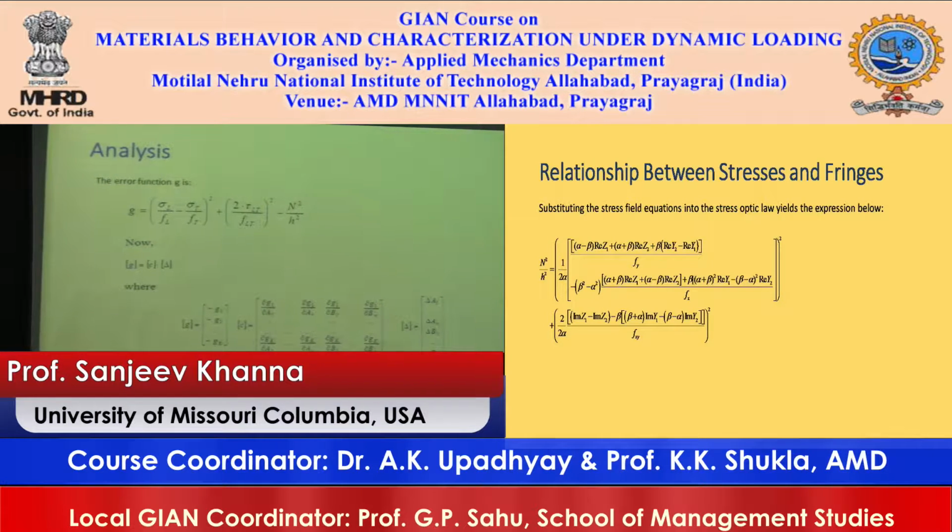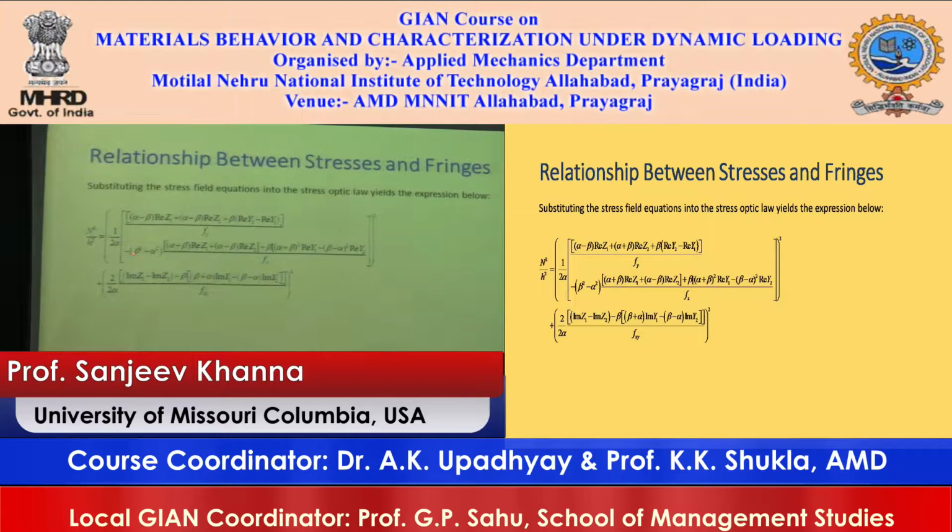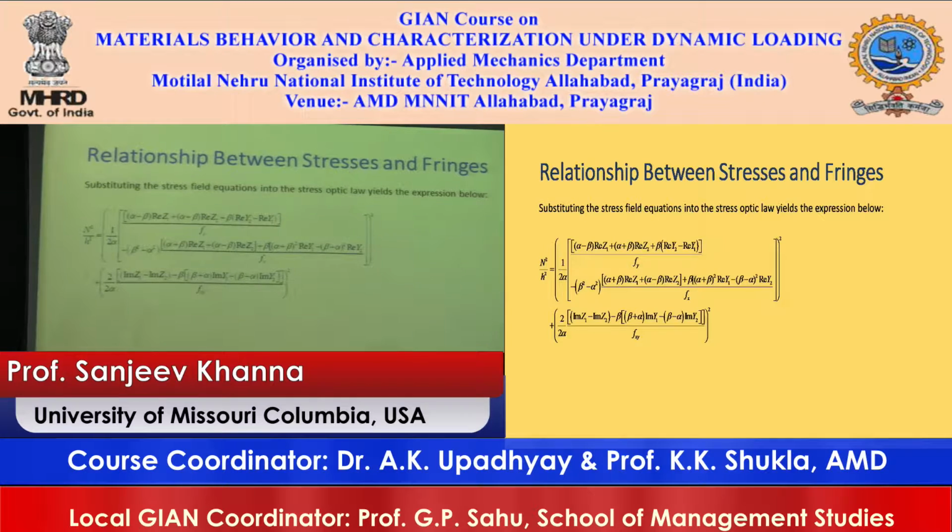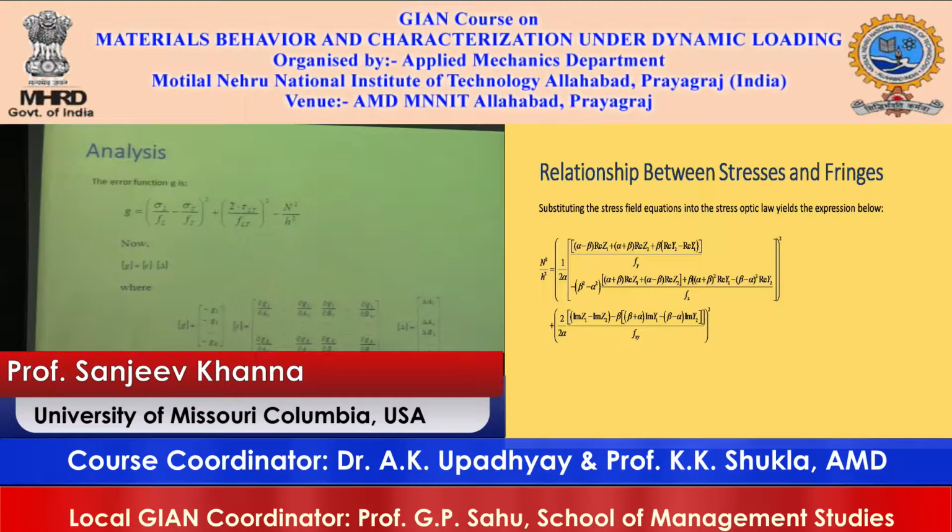Then I know the fringe order at a point. Once I know at a point, I know like Z is equal to R e to the minus i theta, so I know the R, theta location of the point. I know the fringe order, I know the thickness, so I know a lot of things here. Okay. And then it's not an exact equation.